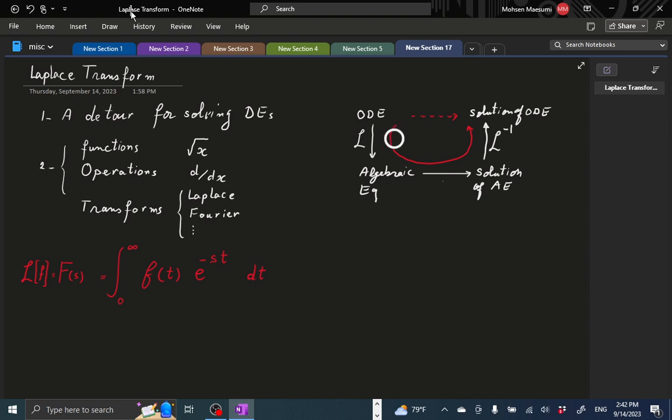So by going through this scenic route, you learn something about the system that you are attacking and solving, and that is one reason it is chosen. There are also certain differential equations that are a lot easier to solve with Laplace transform than compared with the traditional one. We are going to come to that later in the course.